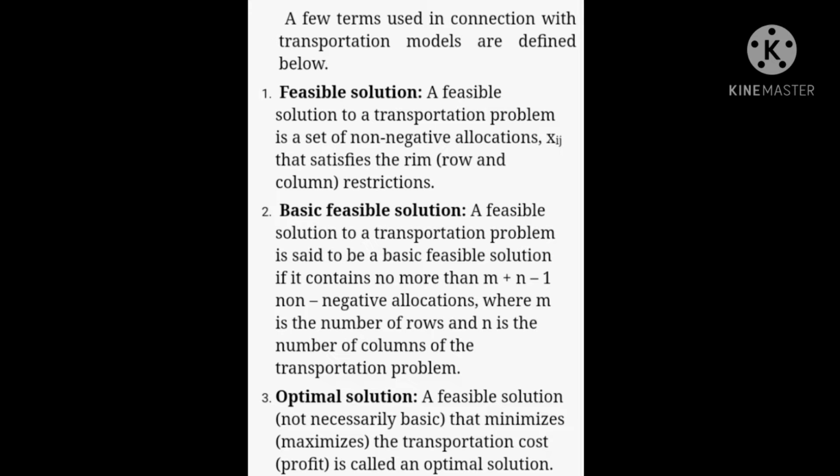Now, there are some solutions: feasible solution, basic feasible solution, and optimal solution. A feasible solution means we have non-negative allocations. Later in the lecture, we will confirm what non-negative allocations are and what a basic feasible solution is. A basic feasible solution means the allocations number m plus n minus 1, where m is the number of rows and n the number of columns.